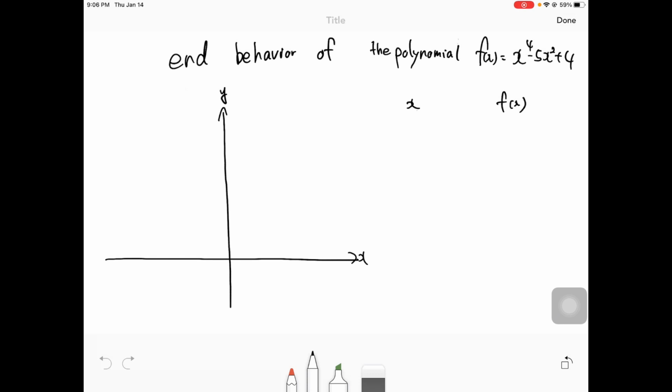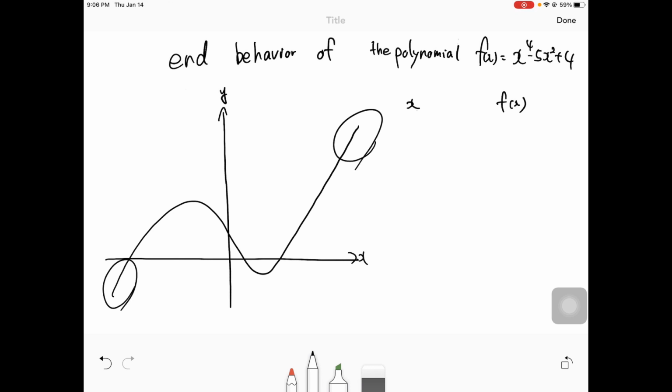So in this question, you need to know what the graph of a polynomial looks like. You don't need to sketch it properly, but at least you need to know both ends. I mean, when x is really big, how is the y value going to be? And also, when x is really small, how is the y value going to be?